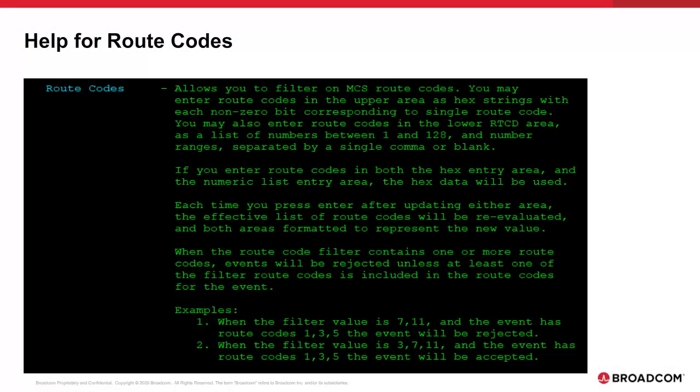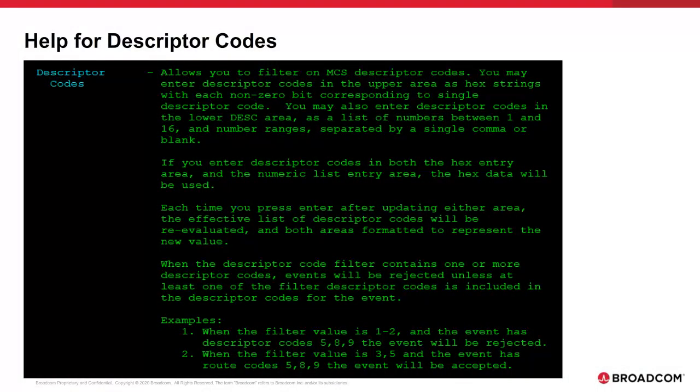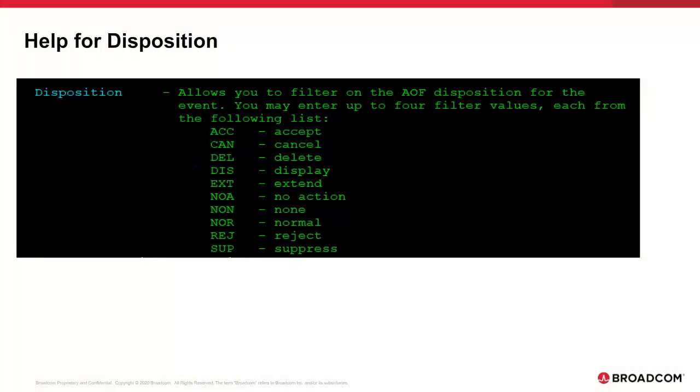Here we show the help panel for the route codes filter. Here we show the help panel for the descriptor codes filter. Here we show the help panel for the disposition filter.